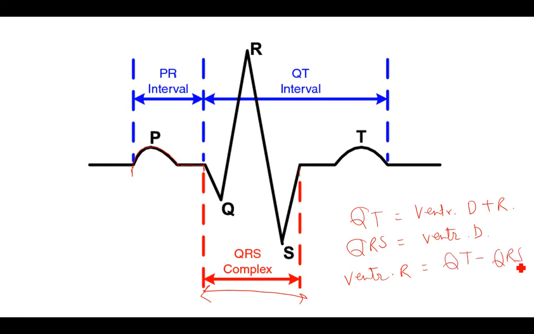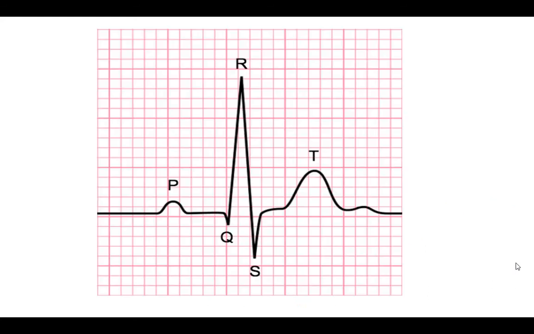Okay. Now in the ECG paper, let us discuss the axes. This is your y-axis and this is your x-axis. Along the y-axis, a small square is equal to 0.1 millivolt, and along the x-axis, a small square is equal to 0.04 second.